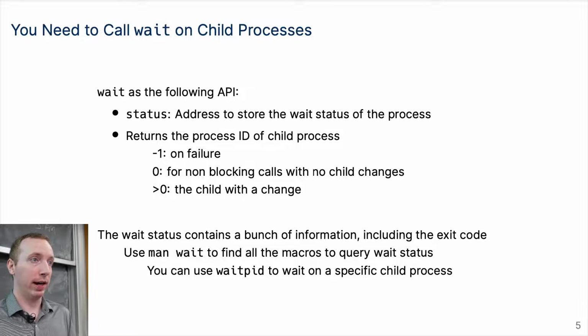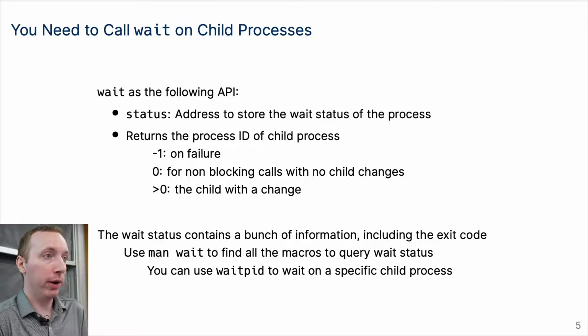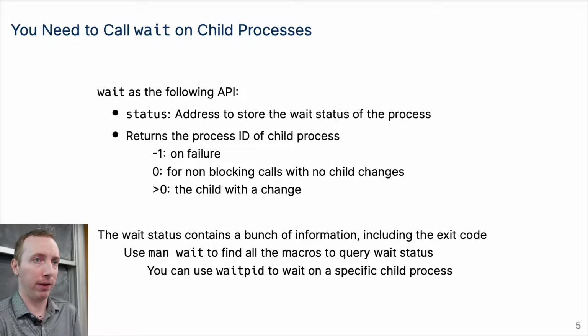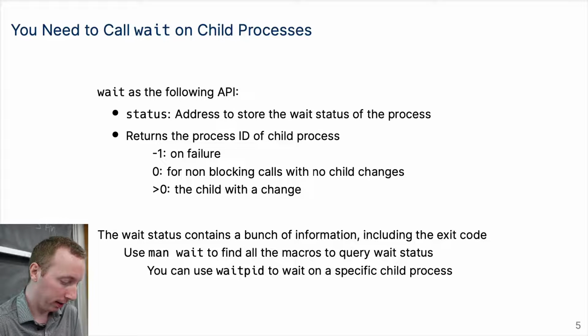Either it will accept a child, in which case the PID will be greater than 0, or if the PID is equal to 0 when you make that call, it means there's still a child, it's still alive, you're still responsible for it, but it hasn't exited yet. And then the normal case is it will return greater than 0 for the child with a change, and for all intents and purposes so far, the change would be that it has exited.